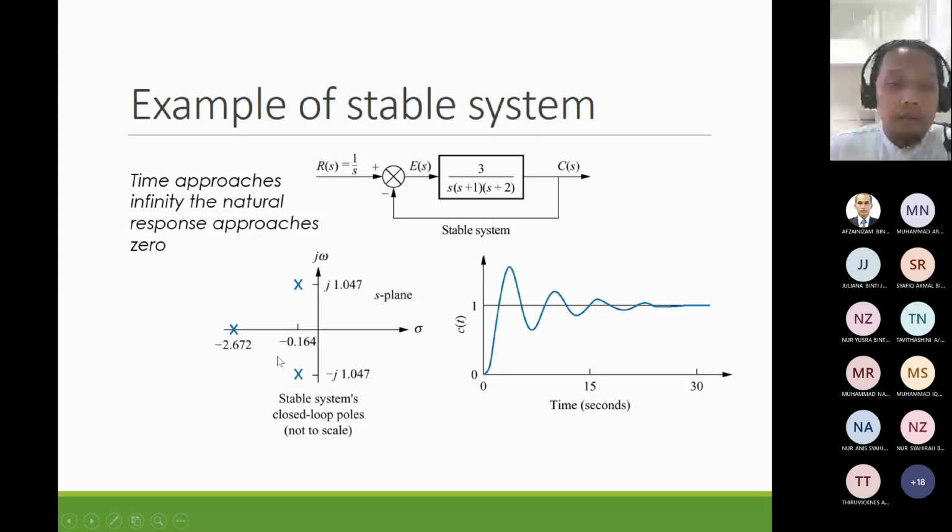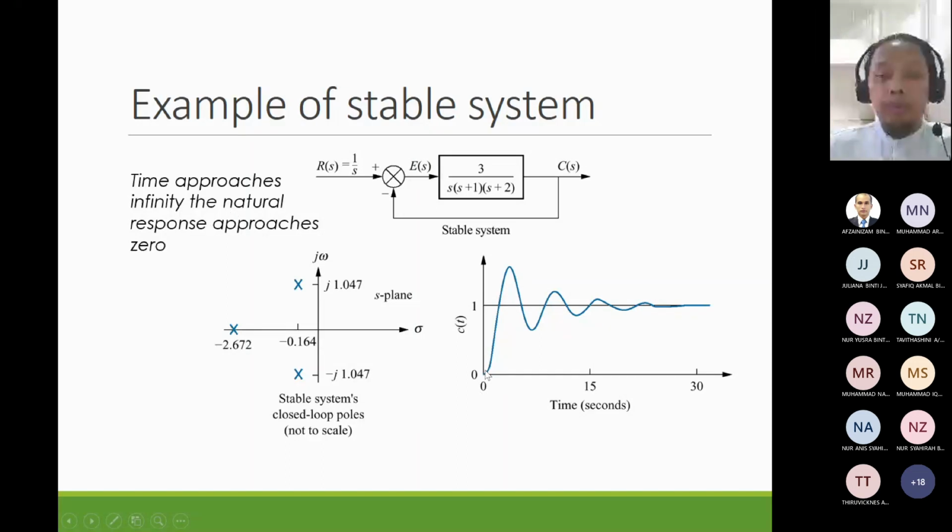When we plot the poles and then plot the time response, maybe using MATLAB, we can see that the time response approaches some value even though the time approaches infinity, so the time response becomes steady.